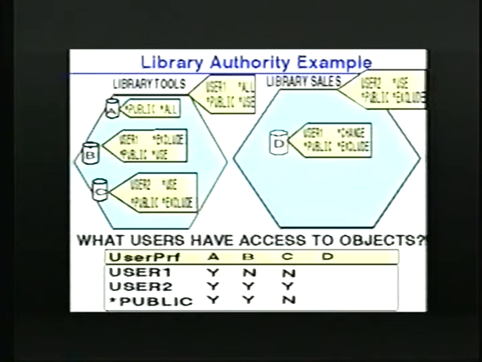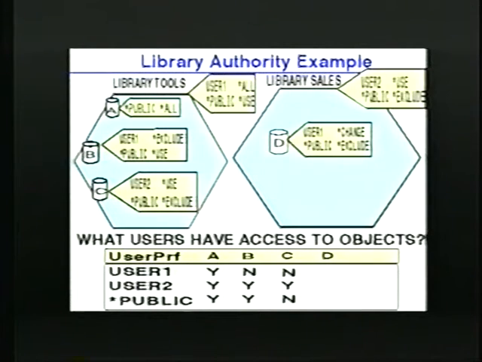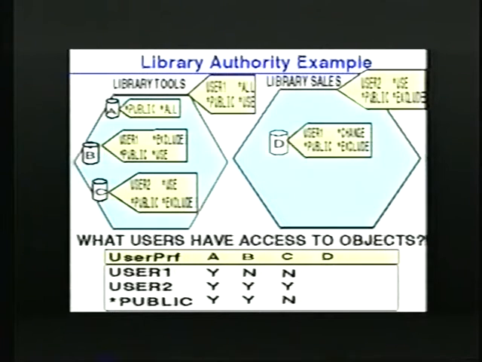Don't get fooled. Think before you respond. Who does have access to object D? It turns out if you said and have determined that no one has access, that is correct. And you say, but Wayne, I can see by looking at object D, user 1 has access to object D. That is correct.